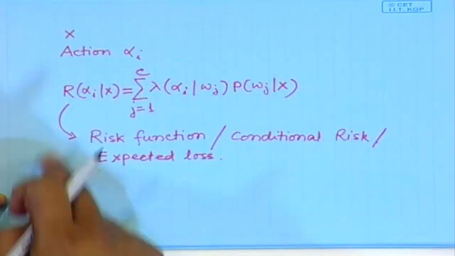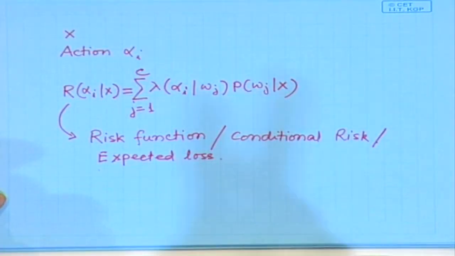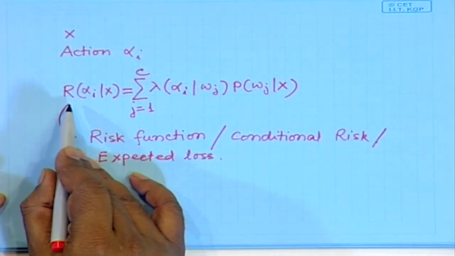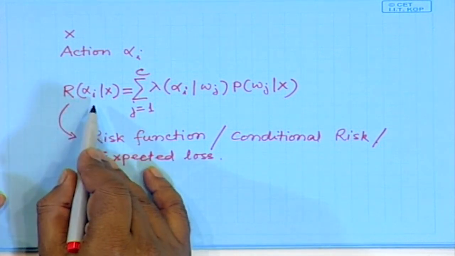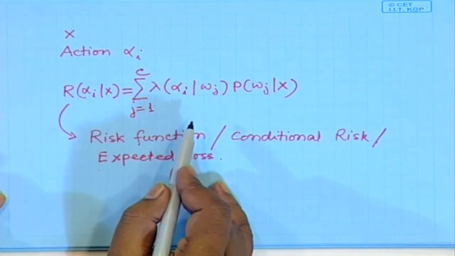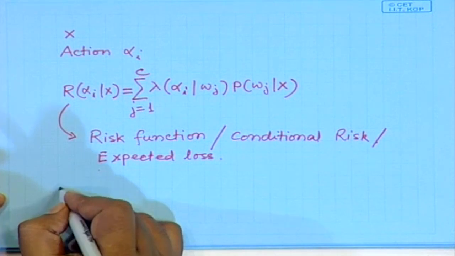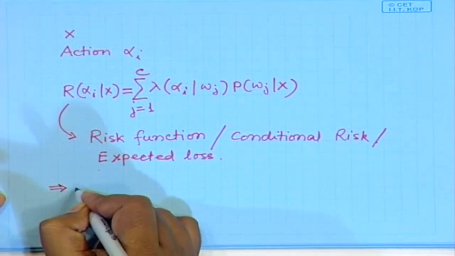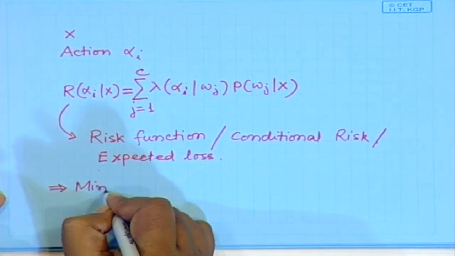Similarly, if I decide in favor of omega 2, my error is p of omega 1 given x, which is minimum in that case. In the generalized case, I have to take that action alpha i for which the risk r of alpha i given x is minimum. Accordingly, this is also called the minimum risk classifier.